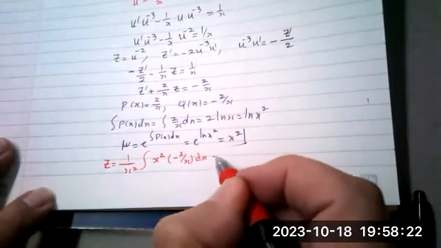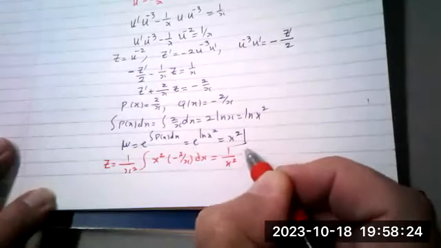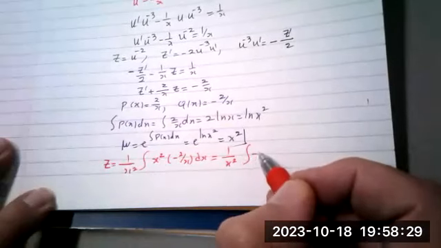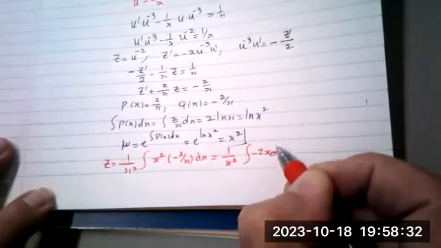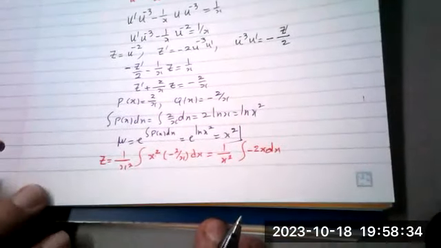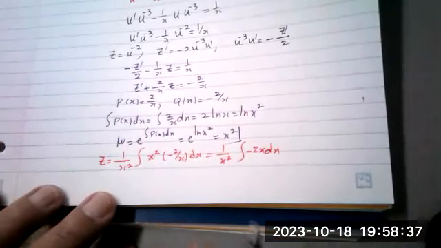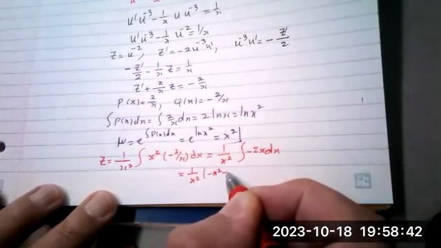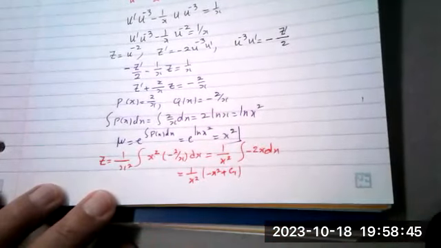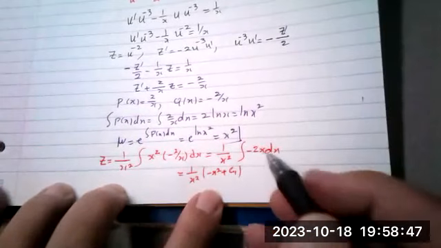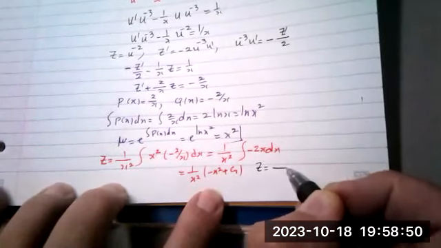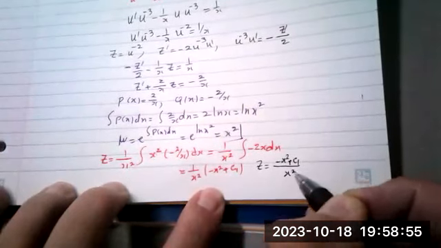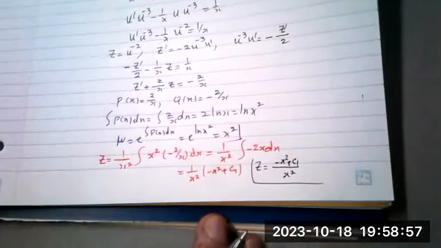So this is 1 over x squared times the integral of, the x would simplify, so that gives me negative 2x dx. The integral of negative 2x would be negative x squared. So it's equal to 1 over x squared times negative x squared plus the constant c1. So z is negative x squared plus c1 over x squared. You keep it, and if you need to, you simplify it.